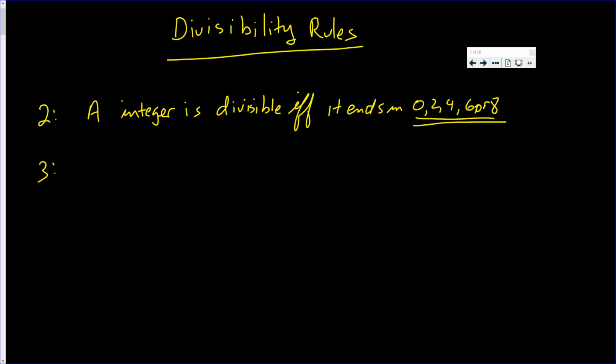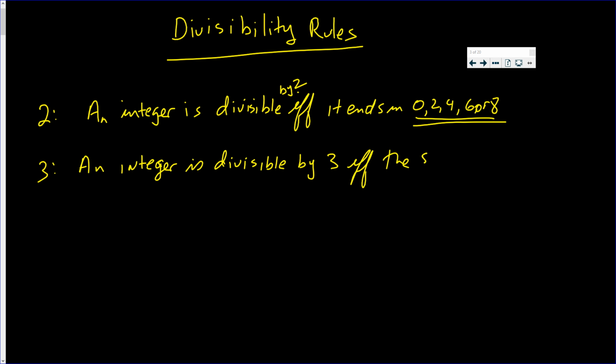Okay. For number 3, an integer is divisible by 3, I should have said. An integer is divisible by 3 if and only if the sum of the digits is also divisible by 3.